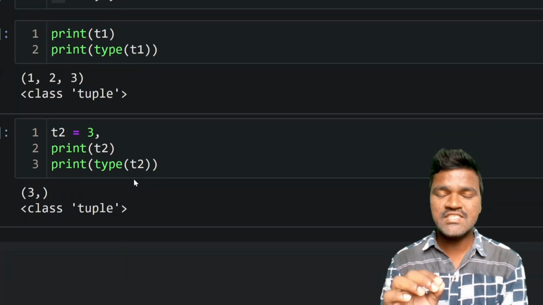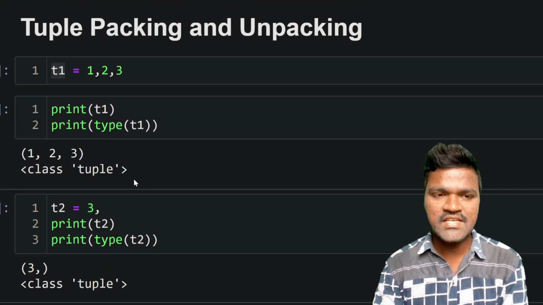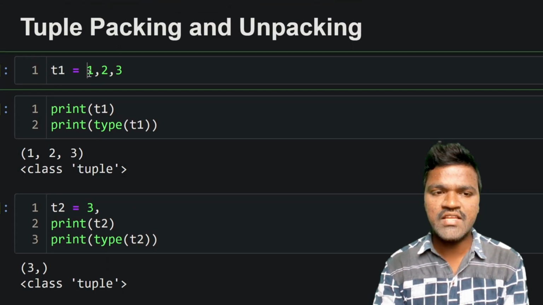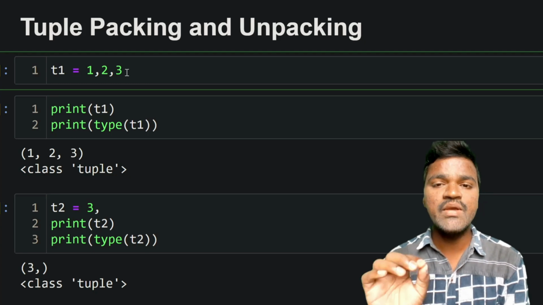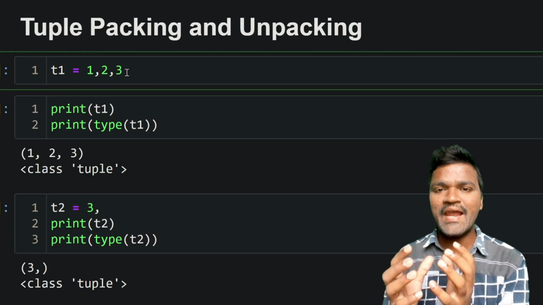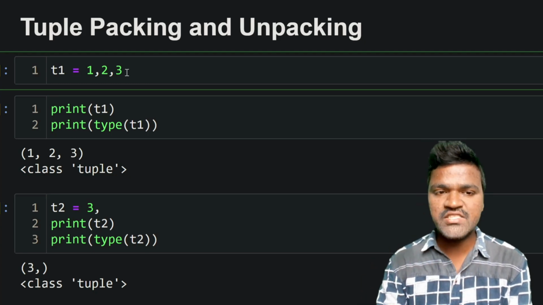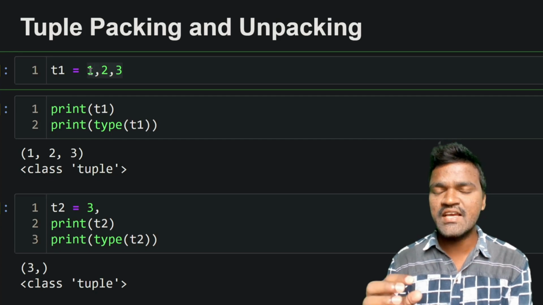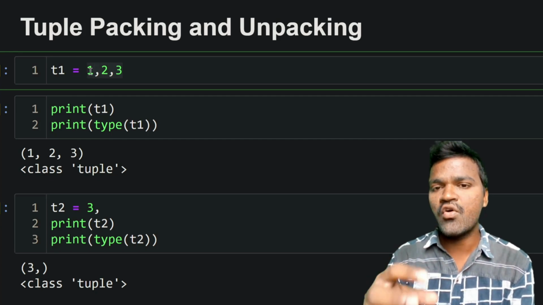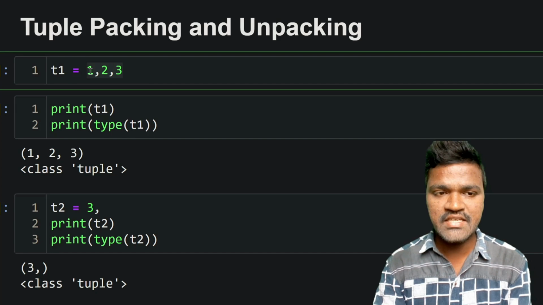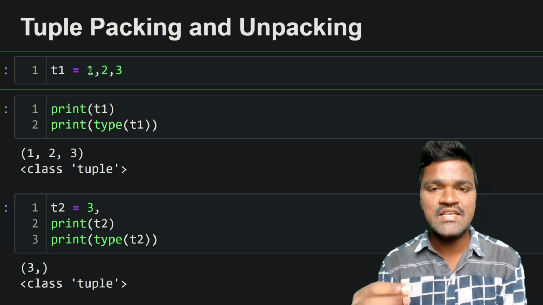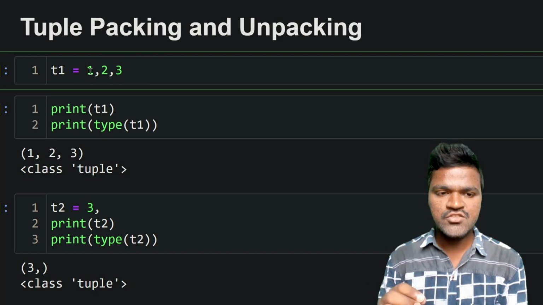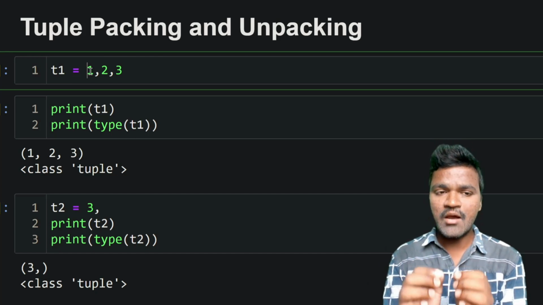So this is what packing is. Even if you don't mention the parentheses, it will be considered as a tuple and packed as a tuple. By simply mentioning these commas, all the elements mentioned here are considered as a pack of elements, and that pack of elements is considered as a single tuple.